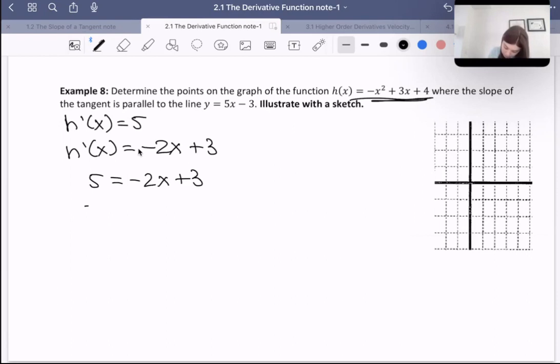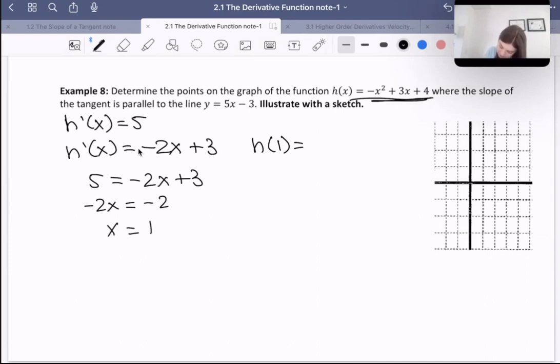So therefore negative 2x is equal to negative 2. So x is equal to 1. Now it says determine the points on the graph where the slope is there, right? And so again, we need to plug in h of 1 in order to find the y value. Okay, so let's do that.